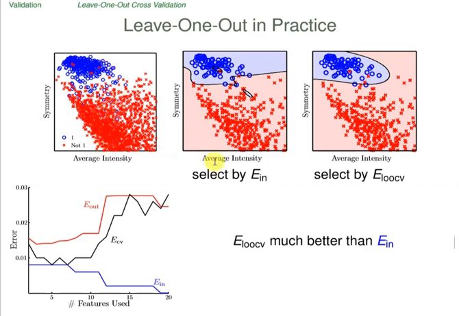The task is to use cross-validation to determine a hypothesis that will give us a better out of sample error. We can consider selecting the hypothesis using in-sample error, which can give us perfect separation between blue and red points, regardless of their nonlinear nature. While selecting with the leave one out cross-validation based technique shows us the following hypothesis.